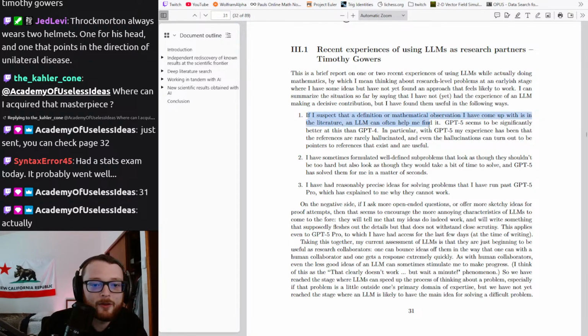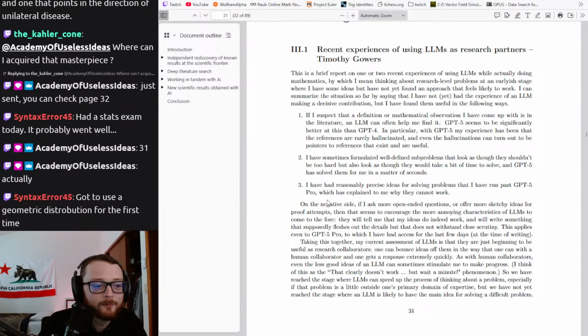So it is helpful to figure out if you're not being original and your thing has already been discovered. It shouldn't be too hard, but take a bit of time to solve. So for well-defined sub-problems, ChatGPT is decent. Or for asking about an idea to solve a problem.